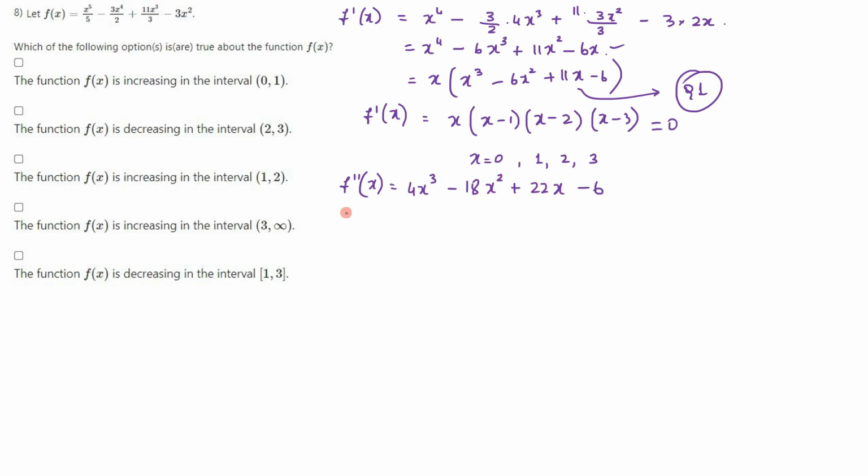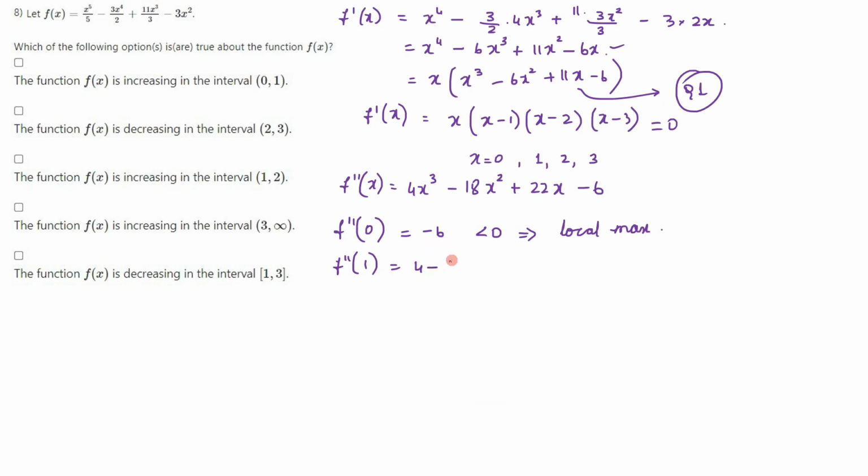Now I'll find f double dash of 0, that is nothing but minus 6. So this is obviously less than 0. It means that we have a local maxima here.